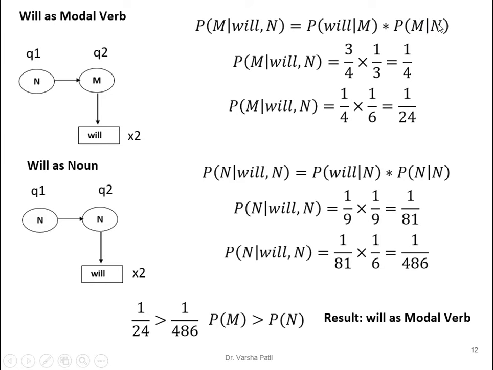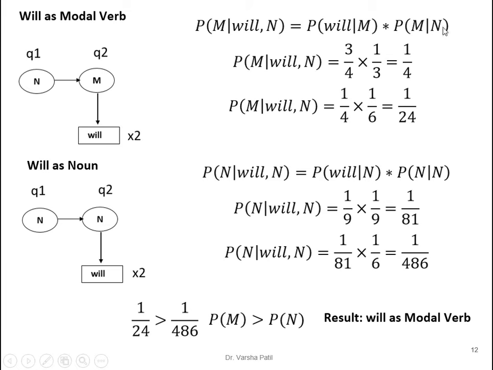This is nothing but the bigram, so you just read it like this, and it becomes very easy. From the emission probability and state transition I am just directly putting the value, which I get as 1 by 4, but don't write only 1 by 4. We require to multiply with our previous answer. Previous answer is 1 by 6, so we get 1 by 24. Don't even multiply the values and get the answer in decimal point, because it becomes very difficult. At last you can take the answer in decimal.